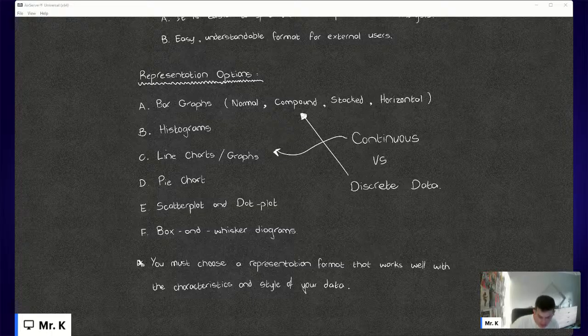This is not, again, a 100% surefire rule, but remember, you've got to choose the way you represent your information very carefully. All right.